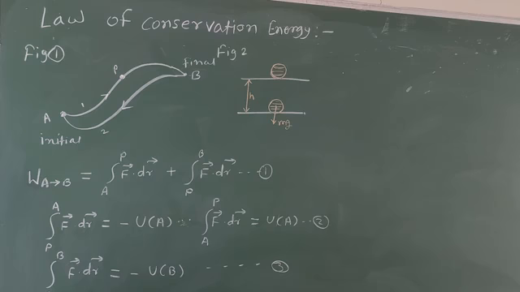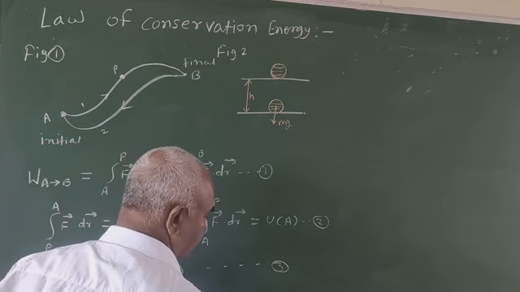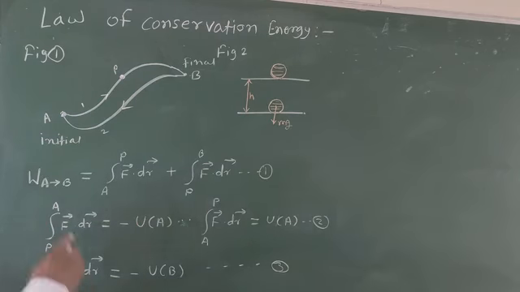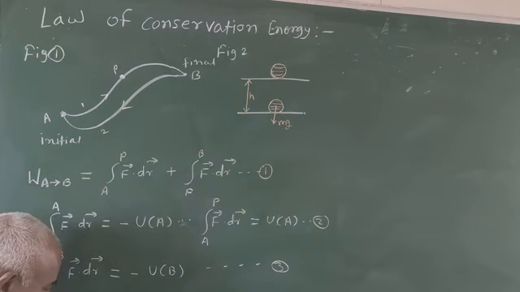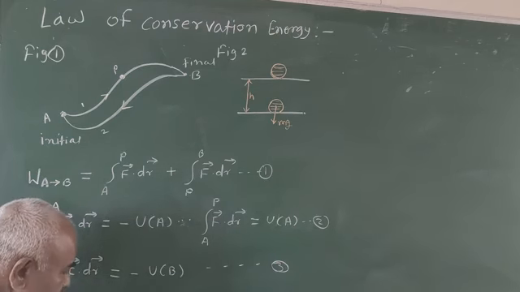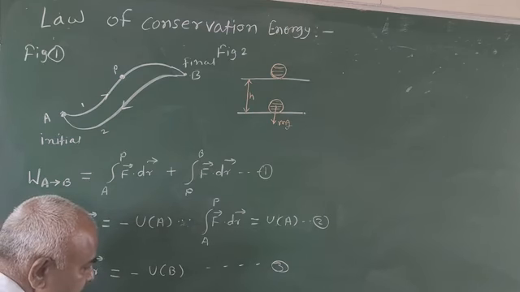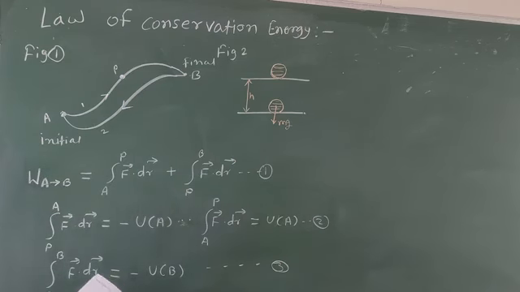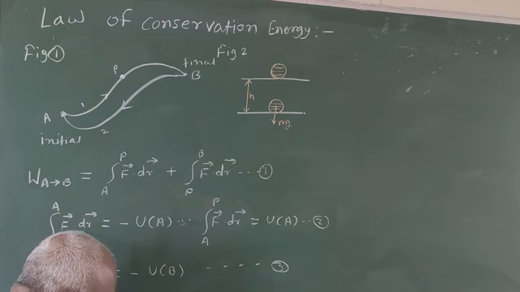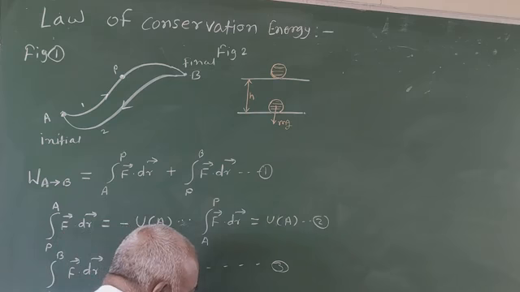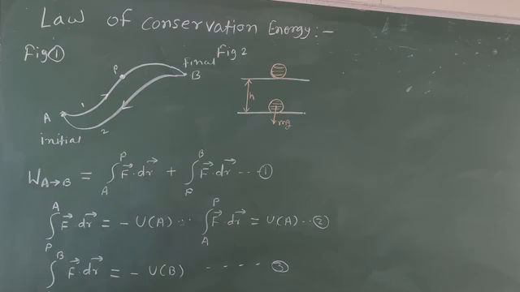Say equation number 4. Now here A indicates the initial position, B indicates the final position. That means here we can write the total work done W is equal to UI minus UF, or UF minus UI is equal to minus W. Say equation number 5.